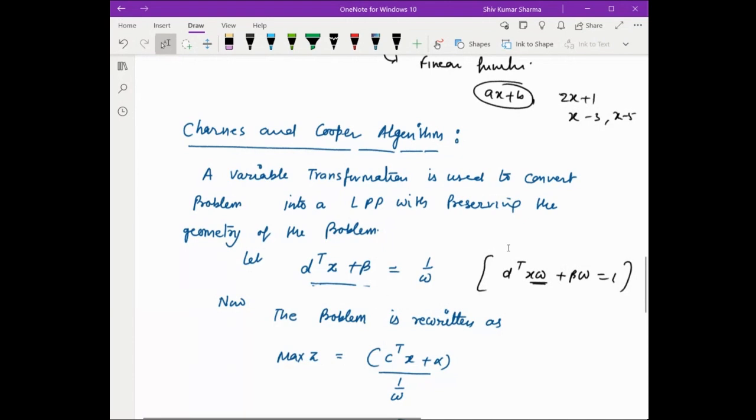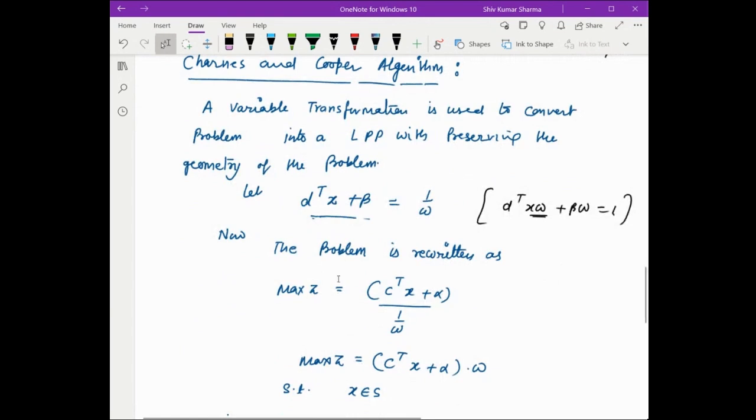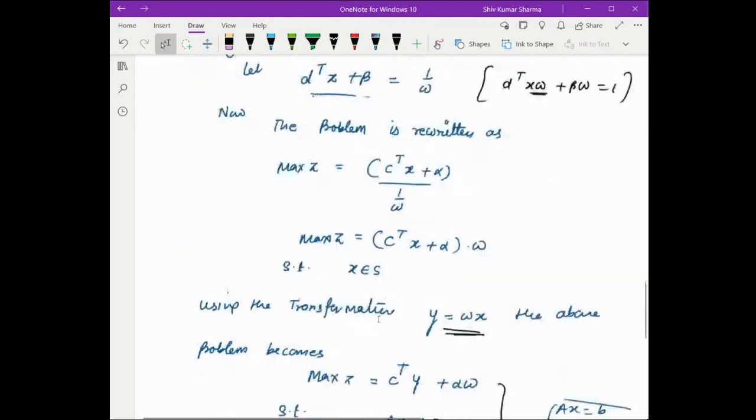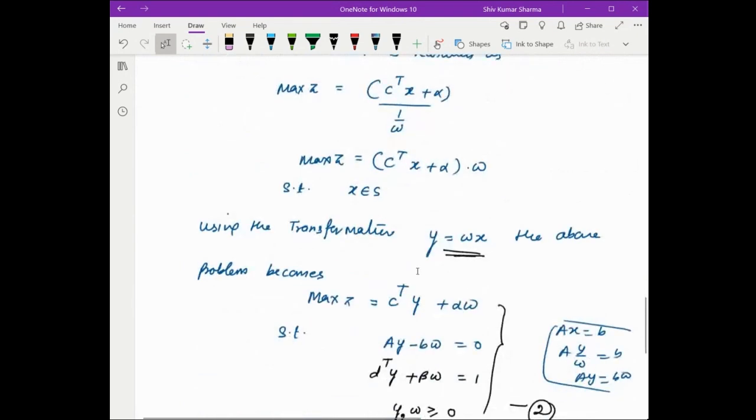So we rewrite the function in this form, and for using the transformation we write the equation in terms of y and omega. That means we just replace omega x by y.